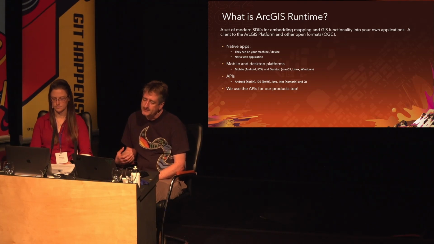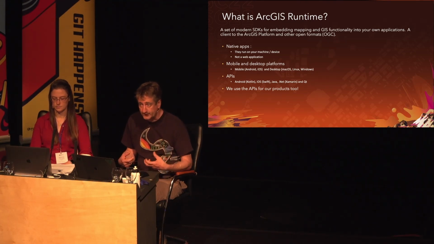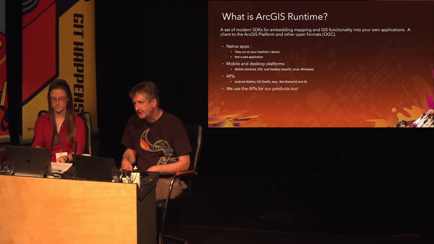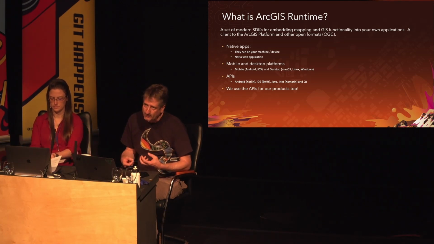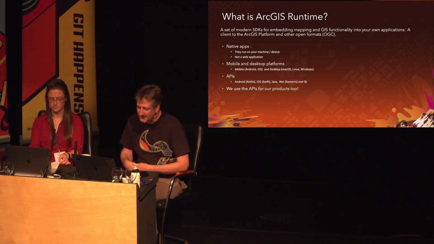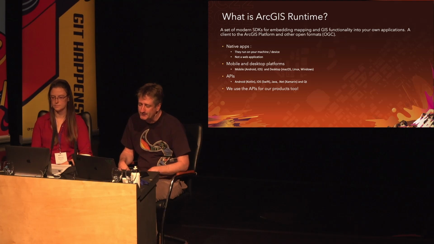So we have dedicated APIs for Android and iOS. We have the Java API, which is for writing cross-platform desktop applications. And we've got .NET, which incorporates Xamarin and Qt, which is for quite a wide variety of cross-platform mobile and desktop deployments. And it's worth reiterating that we use these APIs in our own products too.